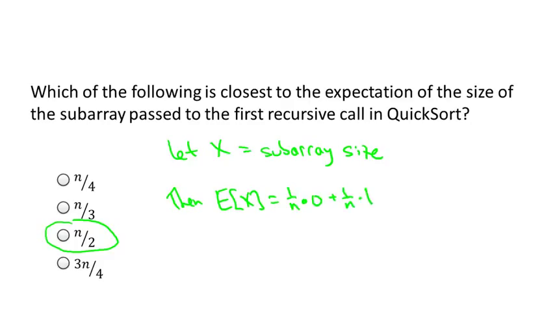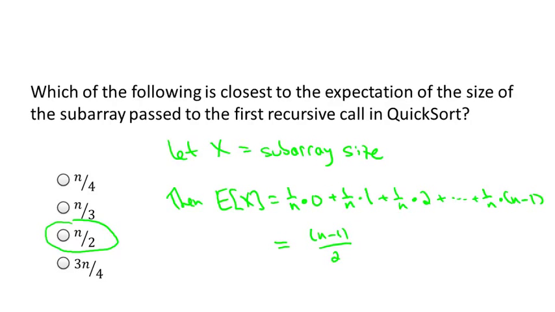With probability 1 over n, we pick the second smallest element, resulting in 1 element being passed to the first recursive call. With probability 1 over n, we pick the third smallest, giving us a subarray size of 2, and so on. And then with probability 1 over n, we pick the maximum element, giving us a subarray size of n-1. So if you just compute this sum out, you will get, as expected, n-1 over 2.